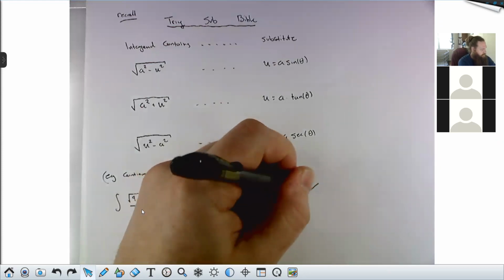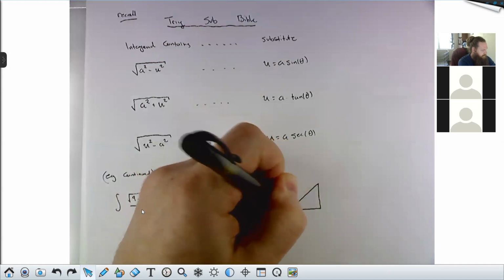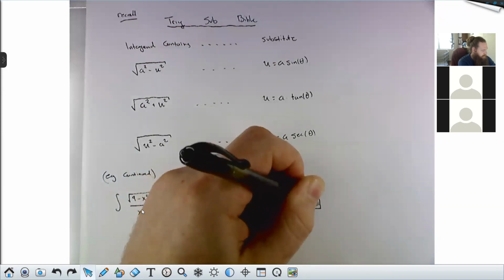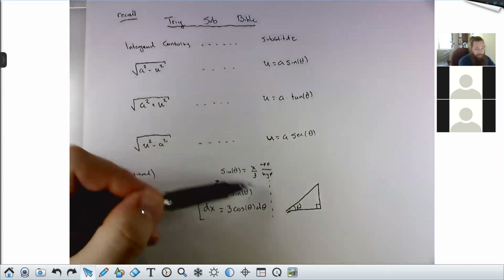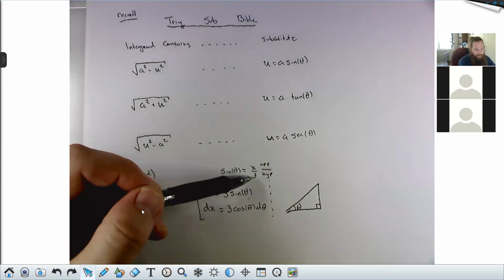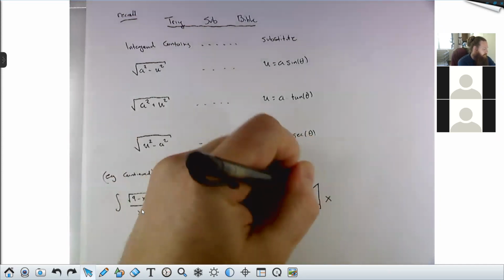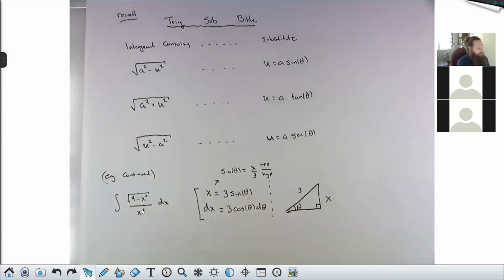So I can draw a right triangle with internal angle theta. By the definition of the sine function, sine is the opposite over the hypotenuse. That means x is the opposite and 3 is the hypotenuse. Then you have to solve for this missing side. This squared plus this squared equals this squared, so this thing has to be the square root of this squared minus this squared.